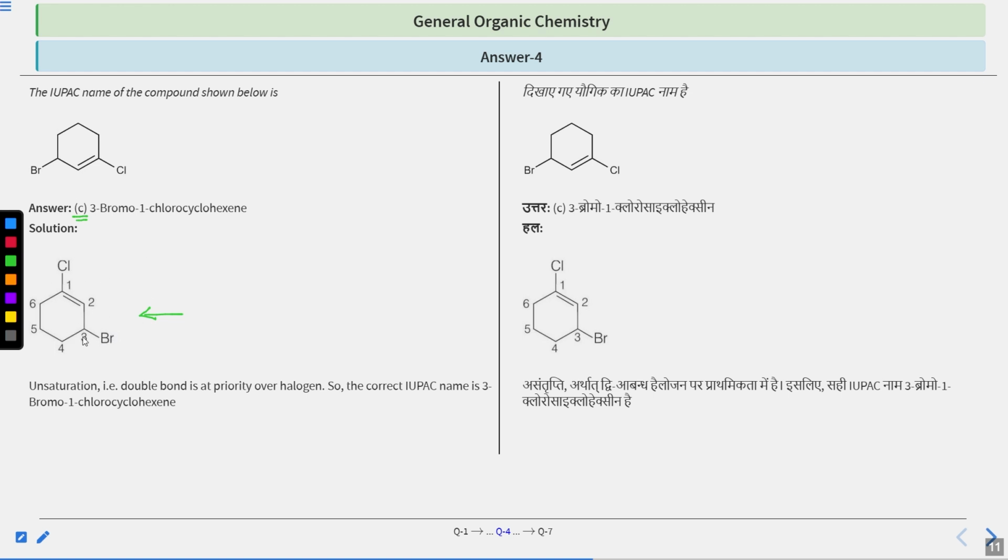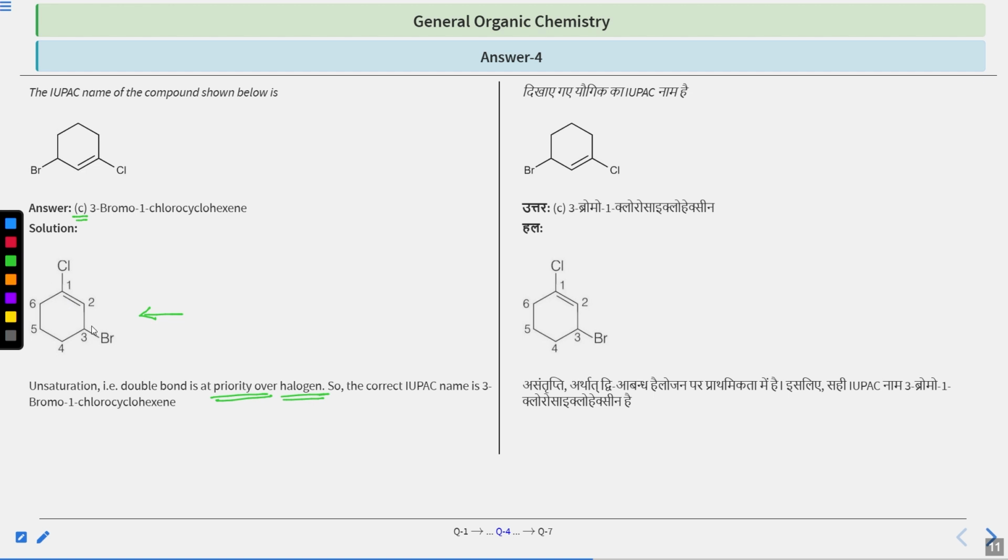Now what we do, we just number the carbons, and on the basis of rules, the unsaturation, that is the double bond, has priority over the halogen. So if you prioritize the double bond carbon, then number one will come here, right? Because the lowest number should come at the double bonded carbon.